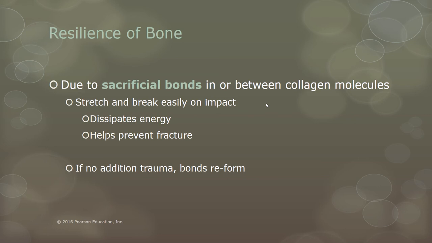And if it wasn't for these collagen fibers and these sacrificial bonds, all of the weight would be at that one specific point. But because the sacrificial bonds between the collagen molecules can essentially stretch and break apart when they're impacted, the energy of that impact gets spread out over a larger area. And so that helps prevent fractures from occurring.